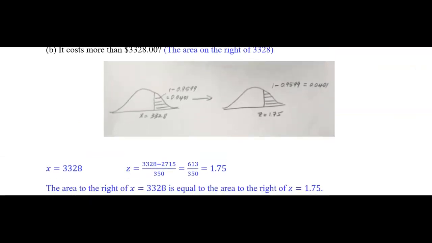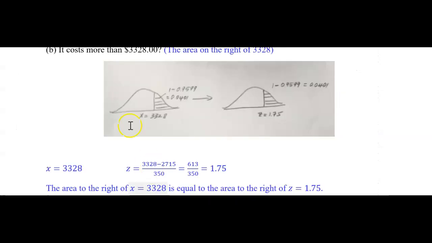So go to table 2, 1.75. It's this number. But remember, this is the area on the left side, right? 0.9599 represents this unshaded area here. So we want the right side, we must subtract it from 1 to give us 0.0401.